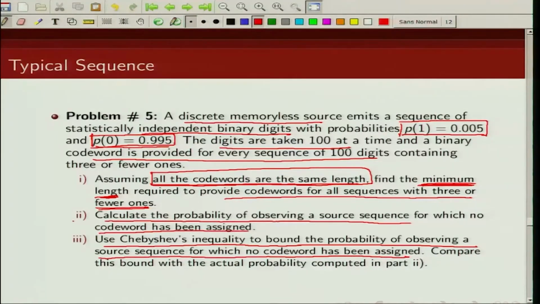So in part B we are going to compute that exact probability. In part C we are going to use the Chebyshev inequality to get an upper bound on that probability, and we will compare it with the actual probability that we compute in part B.